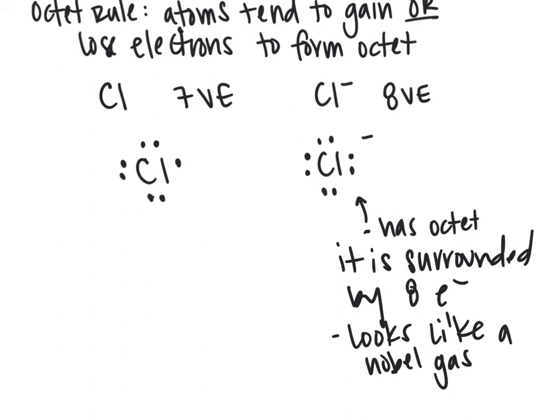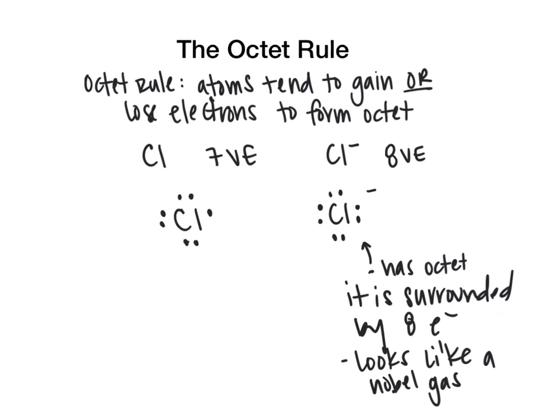On the previous slide, we looked at neon, which has 8 electrons. So chlorine minus has the same structure. In this case, both argon and chlorine minus have the same valence electron structure. So the octet rule is a really good rule.